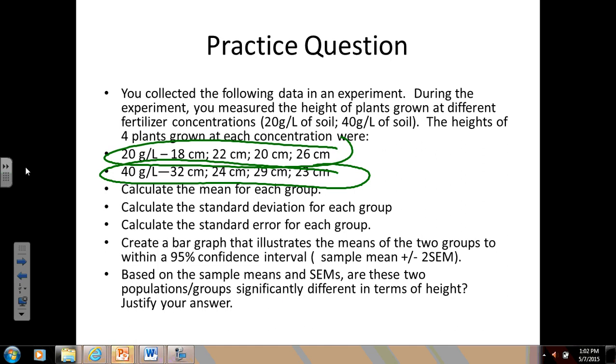Calculate the mean. And everybody in here I know can calculate the mean. You just add them up and divide by the sample size, right? So for the 20 grams per liter sample, let's go 18 plus 22 plus 20 plus 26, and let's divide that by 4. So for that sample, we get 21 and a half.